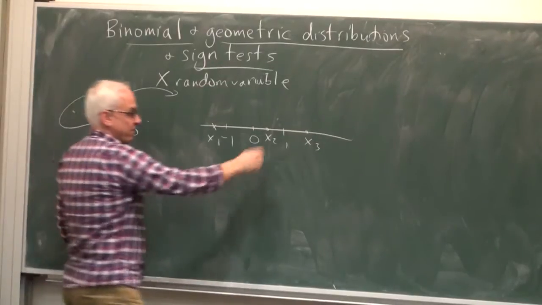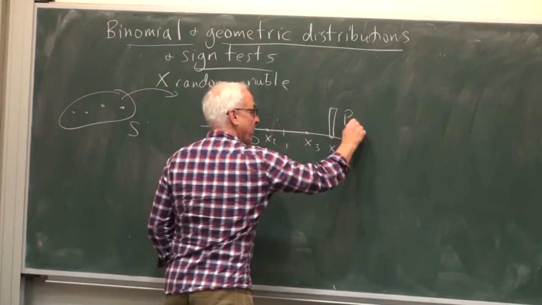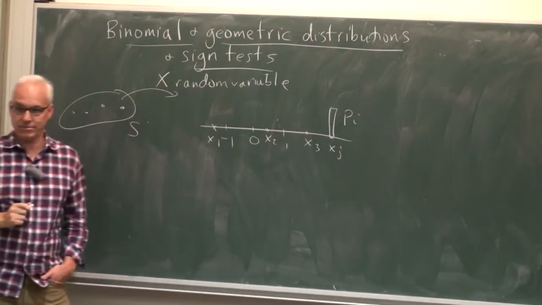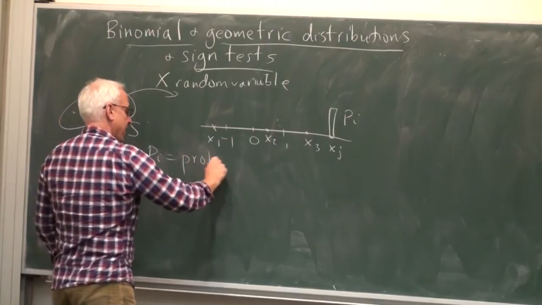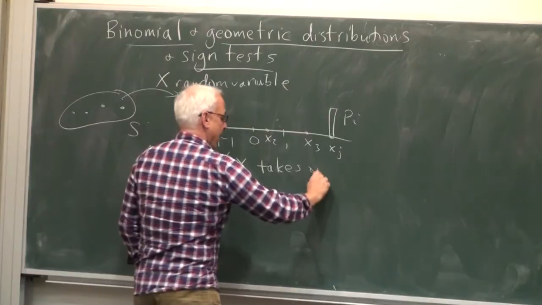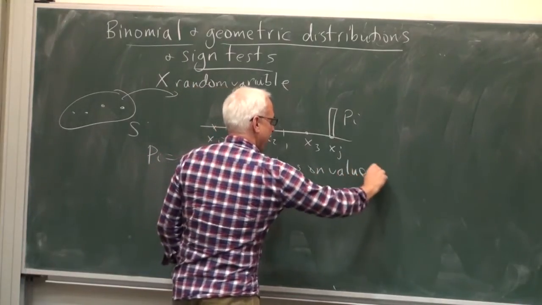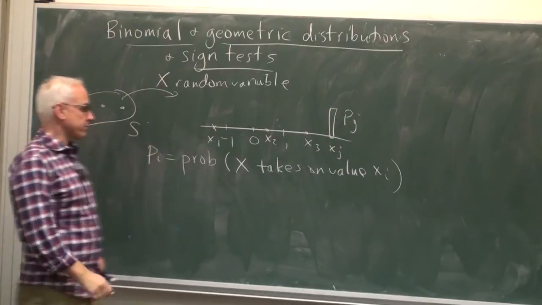Right? So if we have, say, xi, then associated to that is a probability, p sub i, where p sub i is the probability that x takes on the value x sub i. Or I guess this xj would be p sub j.